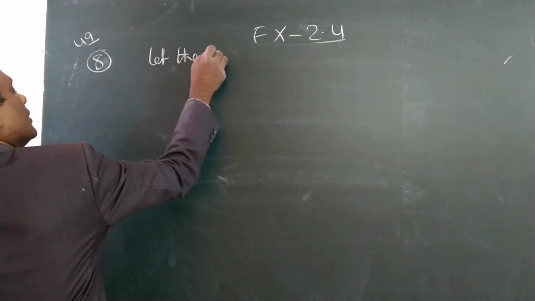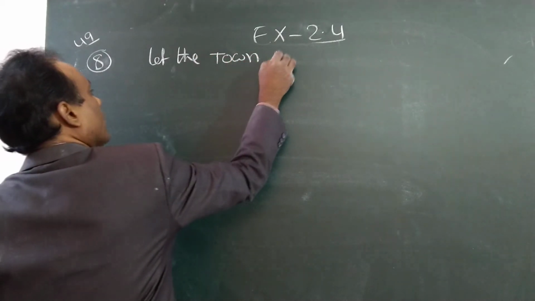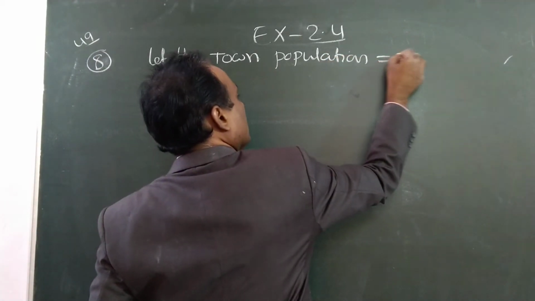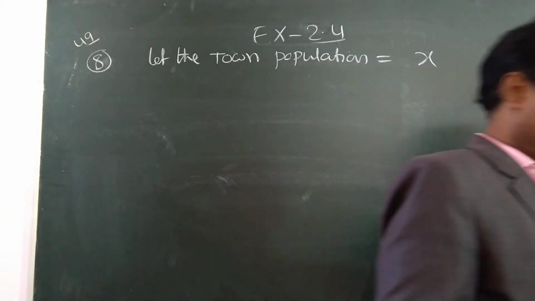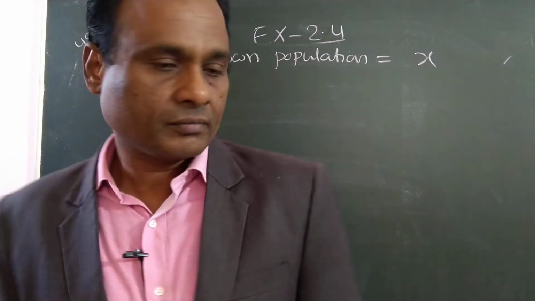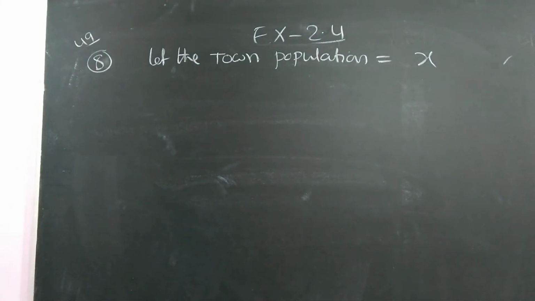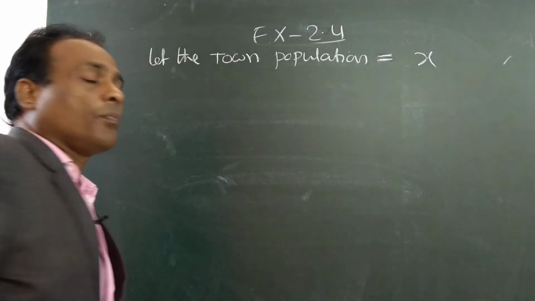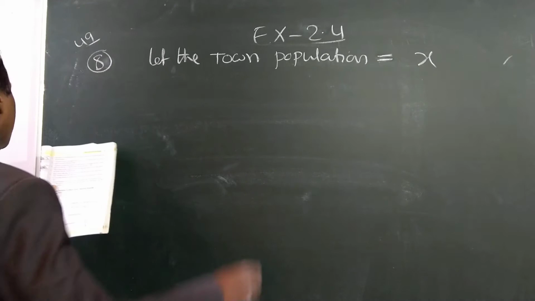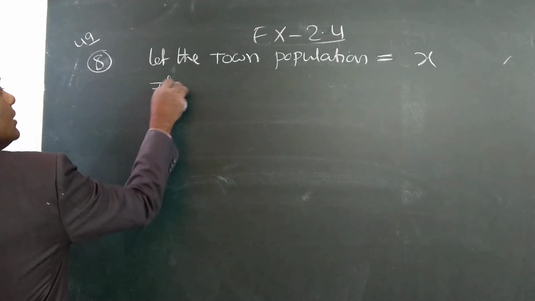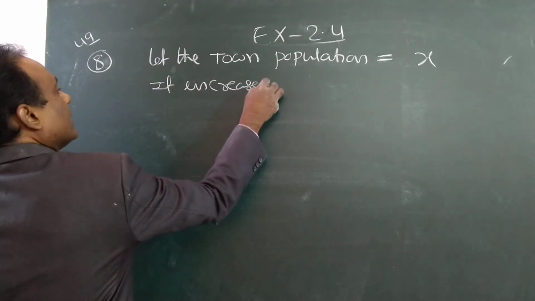Let the town population be equal to x. Write down. Population increased by 1200.